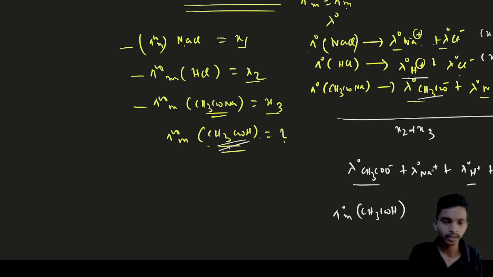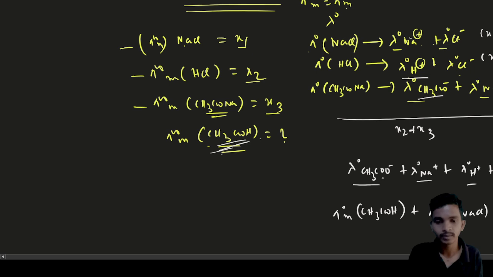With that I also have this one, but I do not need this value, I only need this value. So this one I can cancel. So this value we found.